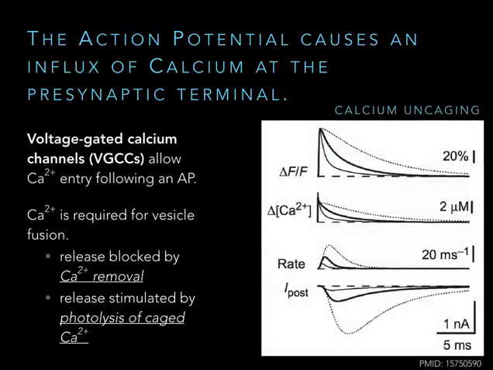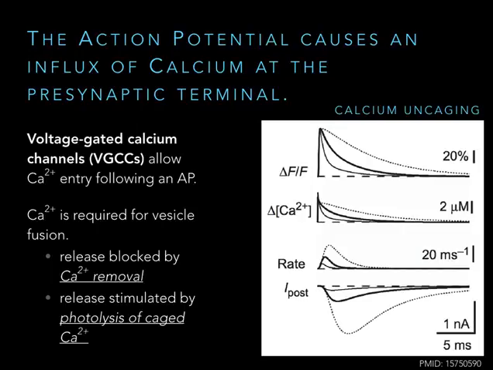Conversely, if we simply release calcium using light rather than the action potential, we can actually stimulate neurotransmitter release without using action potentials. So they used this special form of calcium that's trapped in a little chemical cage, and you can shine a light on that calcium to break open the cage. Okay, so there's a couple panels here.